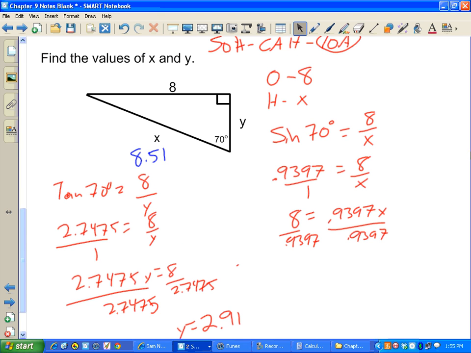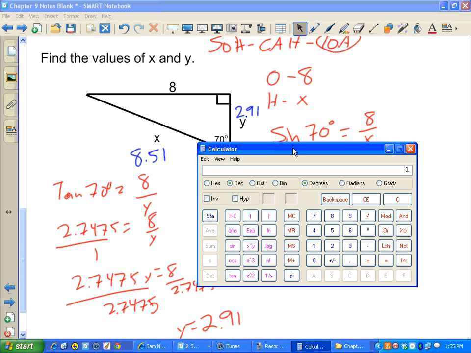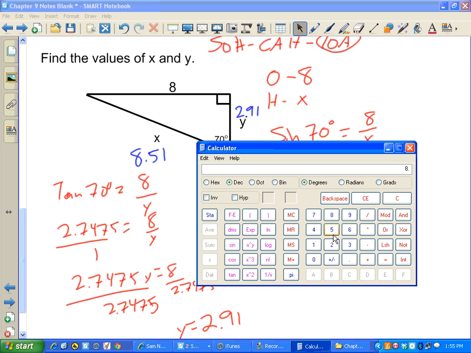Now here's something you can do to help check your answer. I should be able to do the Pythagorean theorem and get something that comes out about right. So if I take 8 squared plus 2.91 squared and then square root that answer, where's my square root button?